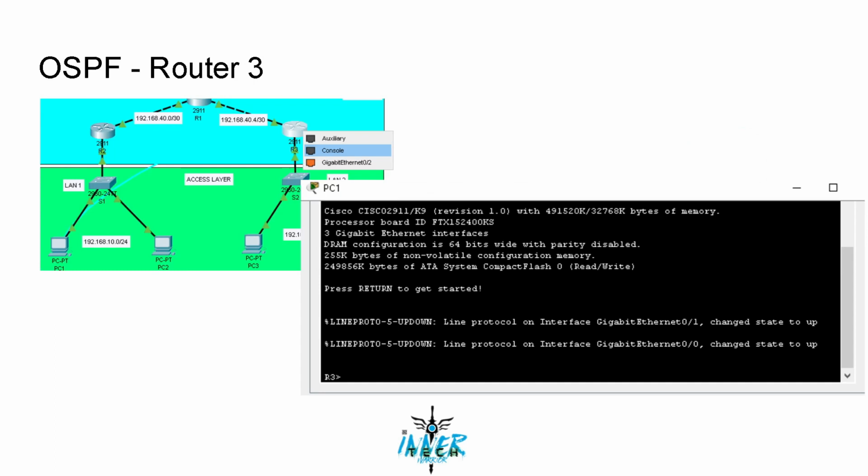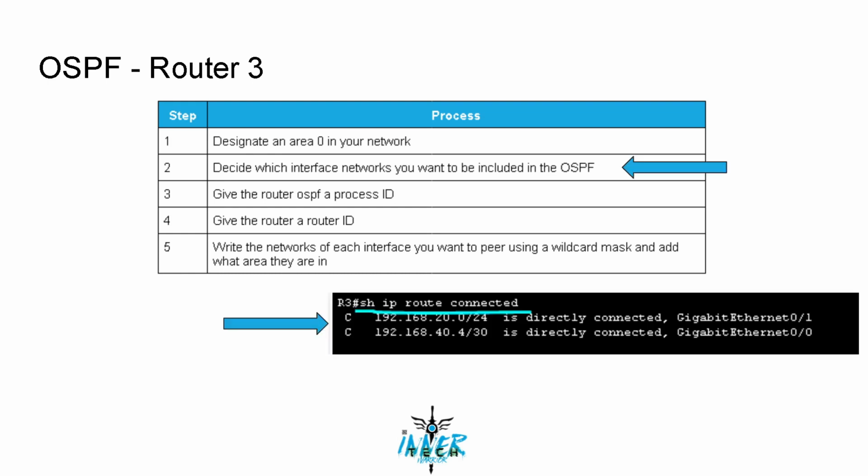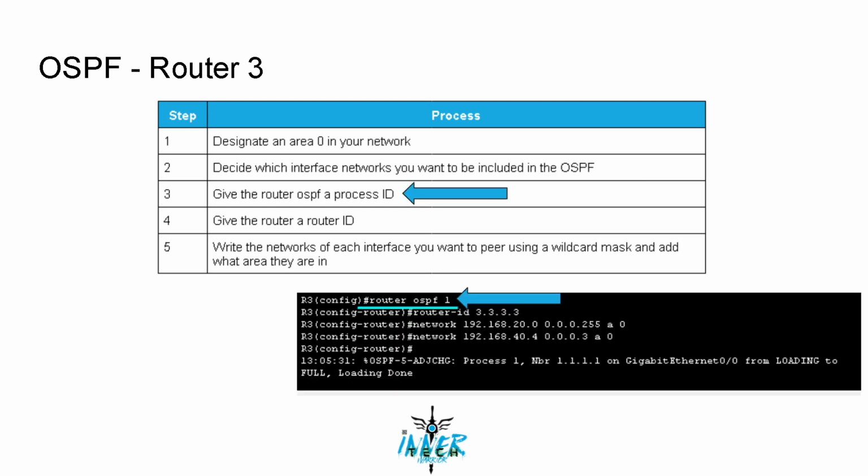Then move your console cable to the last router, router 3. In router 3, we just have to follow the same steps. First, we'll see the networks currently connected to router 3's interfaces with the show IP route connected command. We're skipping step 1 because we know that everything is area 0. So router OSPF 1 is the next command, putting the process ID.